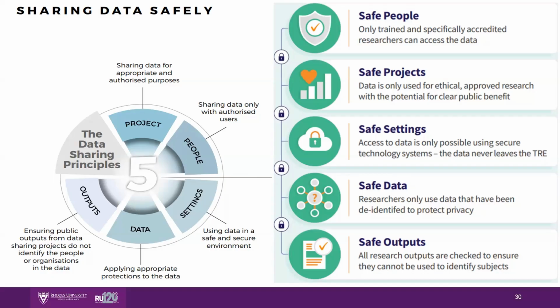And finally, safe outputs, that is all research outputs need to be checked to ensure that they cannot be used to identify subjects. This goes back to the re-identification risk that we spoke about on Monday.